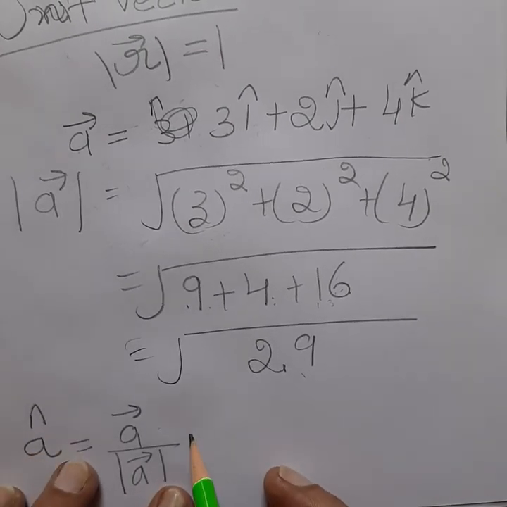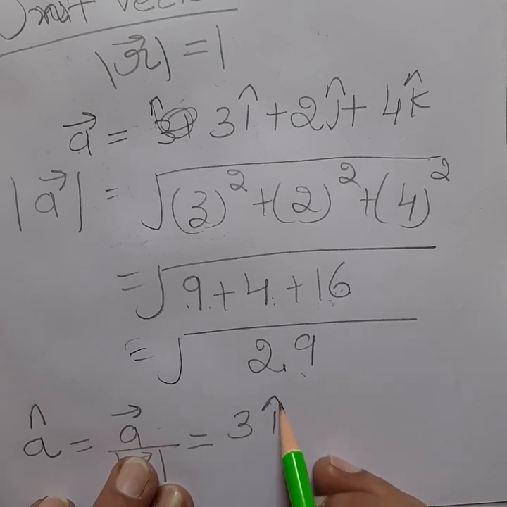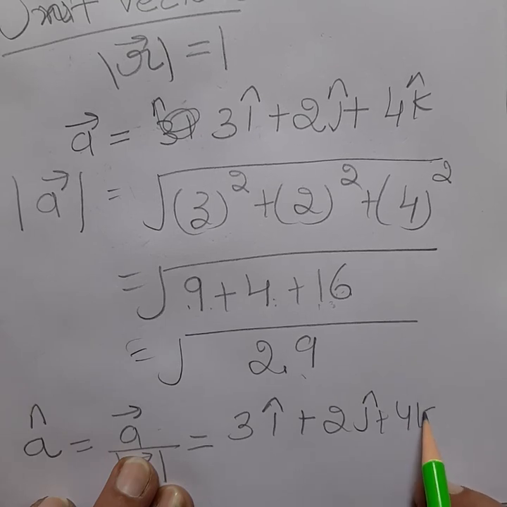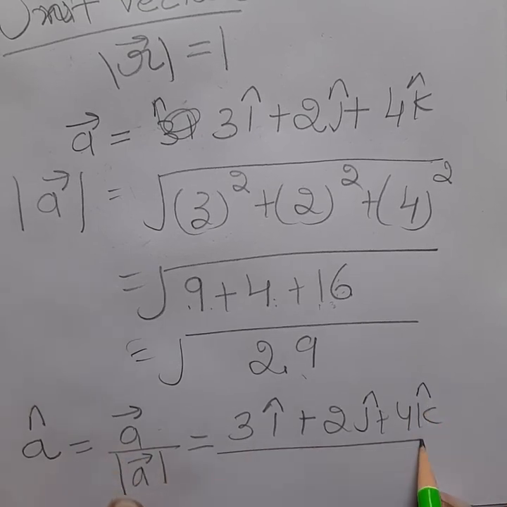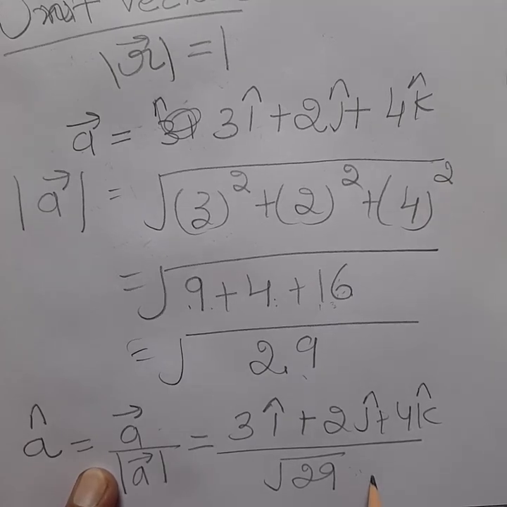We write the values: the a vector is 3i plus 2j plus 4k, and in the denominator we write square root of 29. In this way we get the unit vector, and this is our answer.